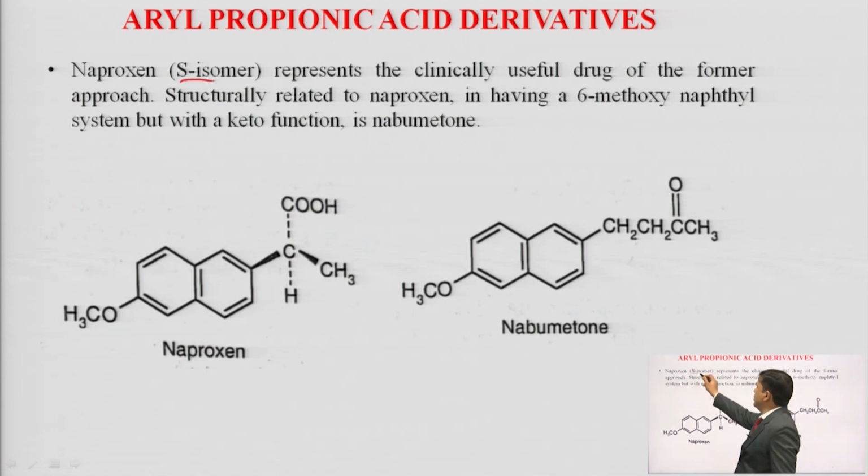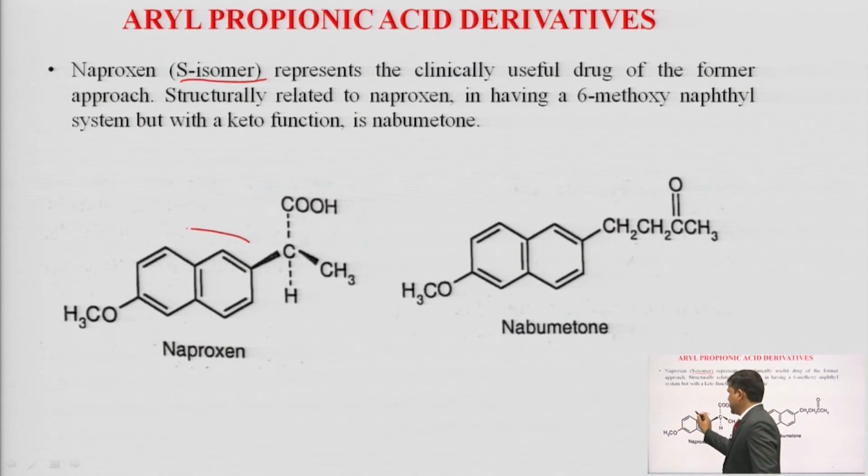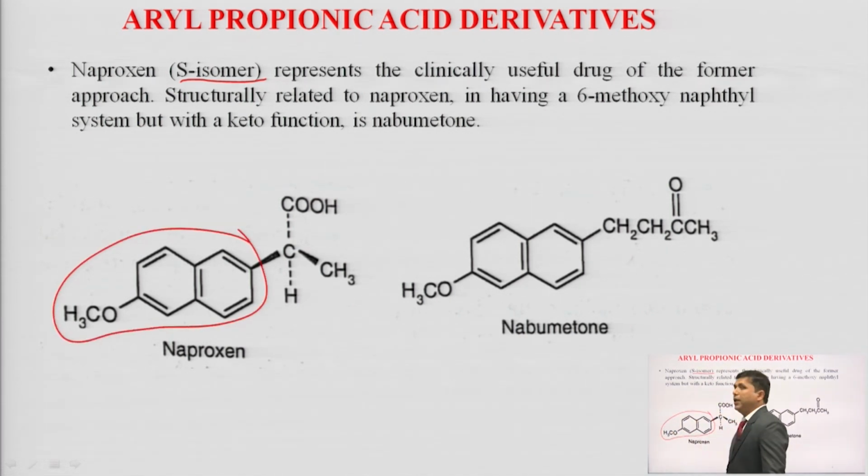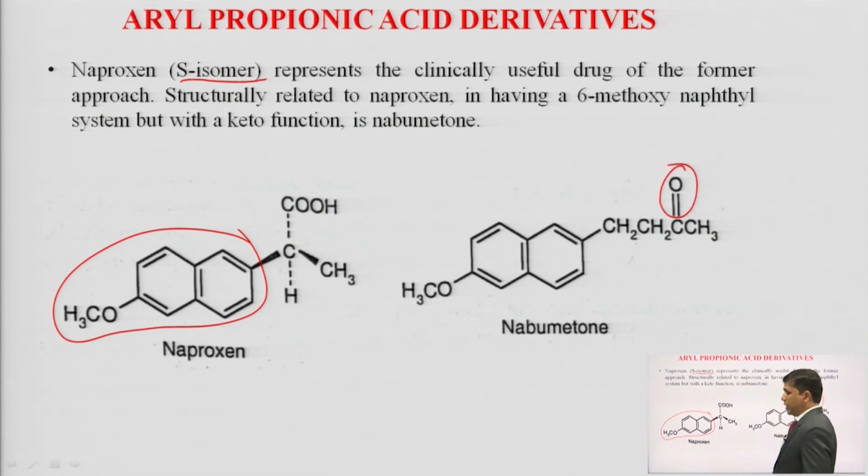Naproxen S isomer represents the clinically useful drug of the former approach, and nabumetone is structurally related to naproxen in having a 6-methoxy naphthyl system, but with a keto function. There is no keto function in naproxen; there is a keto function in nabumetone.